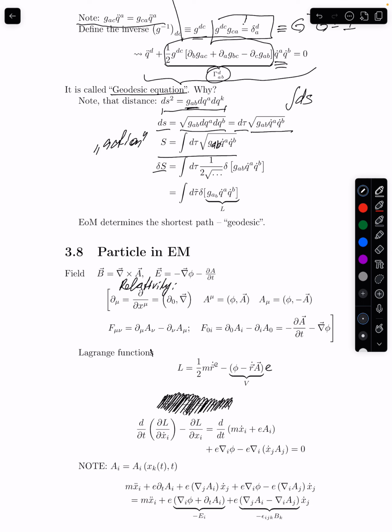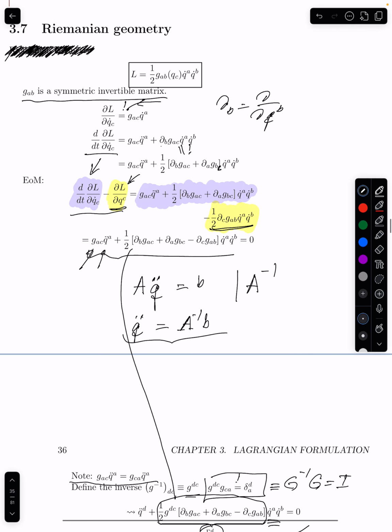When I vary the square root, it will just give me the variation of this factor divided by the square root. This square root which appears over here I can now absorb into the definition of my time, and this is what I've done here. And this part I will call the Lagrangian, with g_ab, the Lagrangian with which we started in the very beginning.